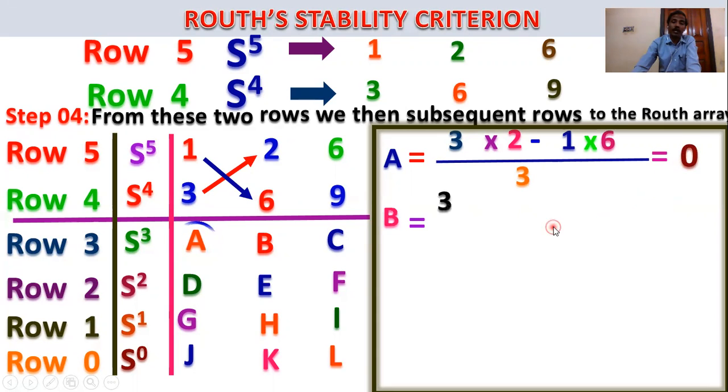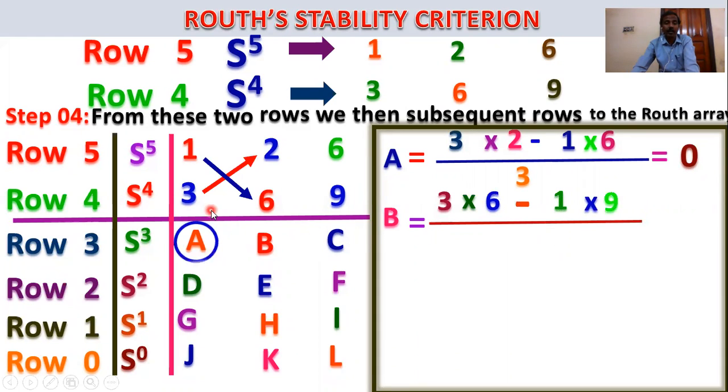And B equals what? B equals 3 into 6 minus 1 into 9, divided by this first value 3. So 3 into 6 and 1 into 9, divided by 3, is equivalent to 3.